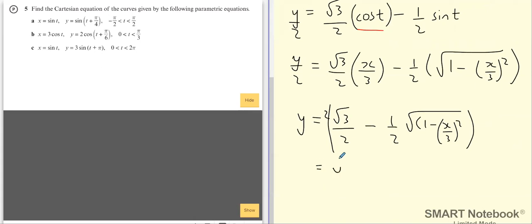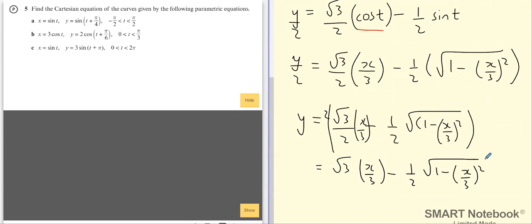And so we are left with root 3 times by x over 3 minus a half times by square root of 1 minus x over 3 all squared. Does that make sense? Are you happy with that?